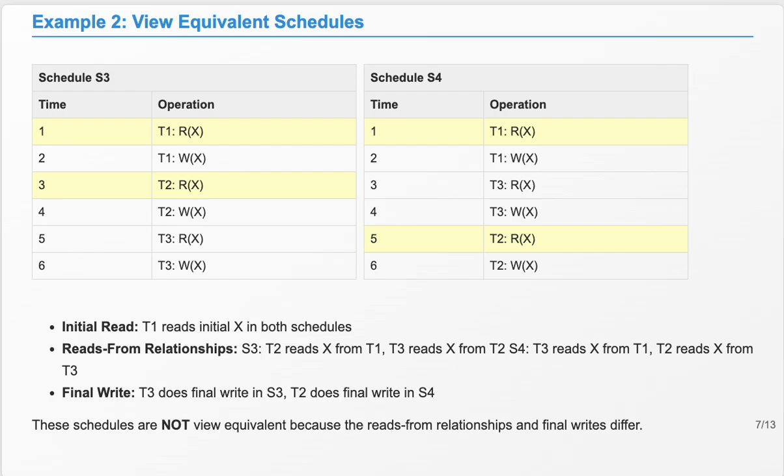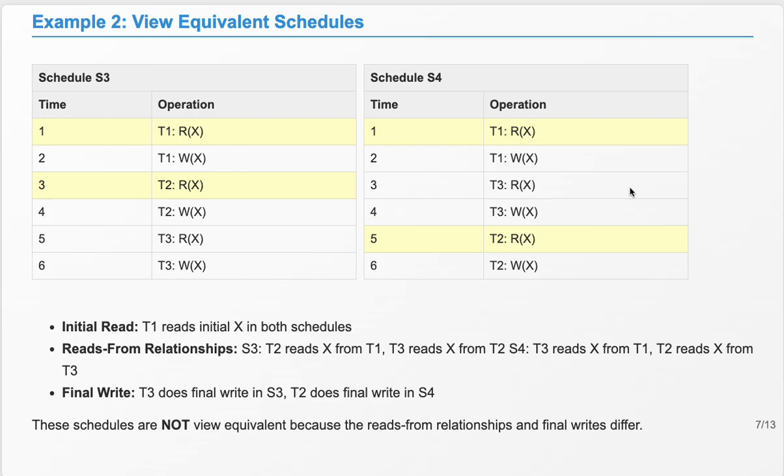In S3, T2 reads X from T1. So basically, the second transaction is reading a value written by the first transaction, and T3 reads X from T2. In S4, T3 reads X from T1, and T2 reads X from T3.